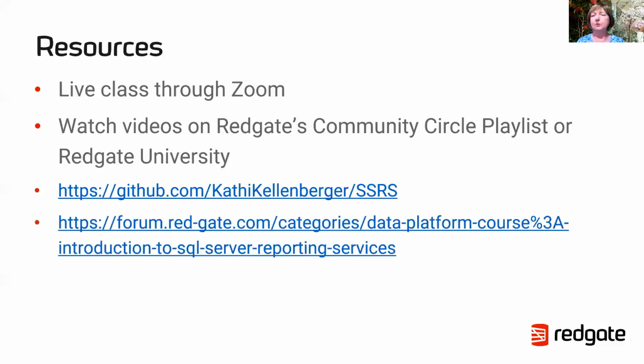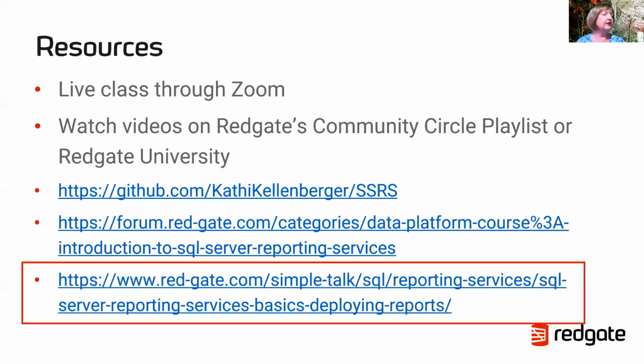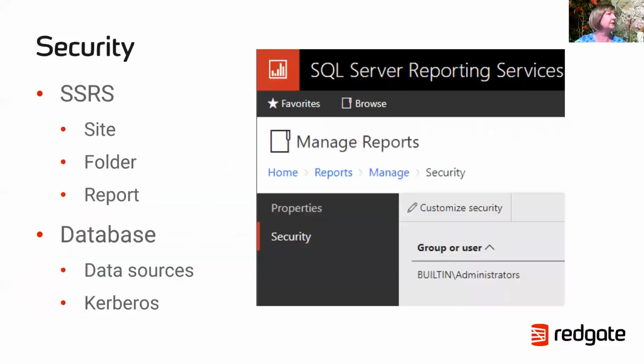There's also a forum where you can ask questions. I know that a lot of you will be watching this course over the next months or years, and we'll still keep that going and I'll still watch it in case any questions come up. And there is an article. It is an older article from 2014, but it does cover quite a few of the things that we're talking about today, so be sure to check that out as well.